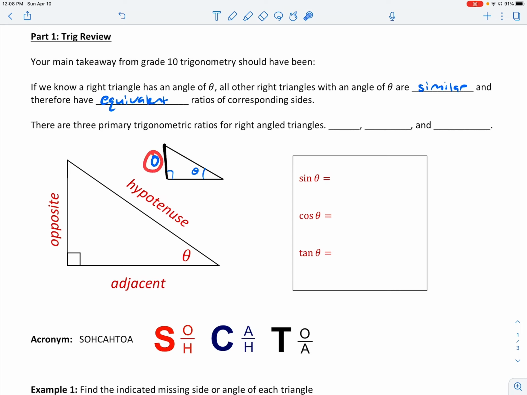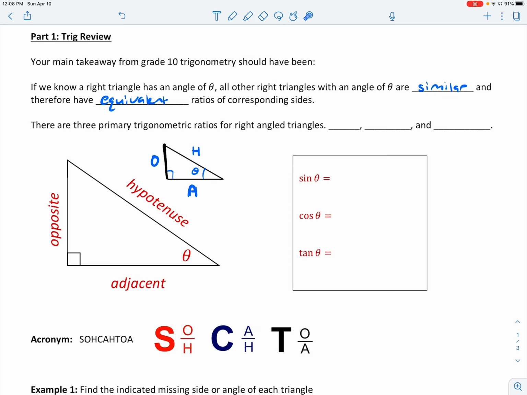The ratio of this side length to this side length, so like here to here, is going to be the same as it is for this side length, sorry, we'll call that A, to this side length. And also for this side length here, I call it H for hypotenuse. The ratio of this side length to this side length is also going to be the same. That's because they are similar triangles. They have the same angles, so their corresponding side lengths are going to have the same ratio.